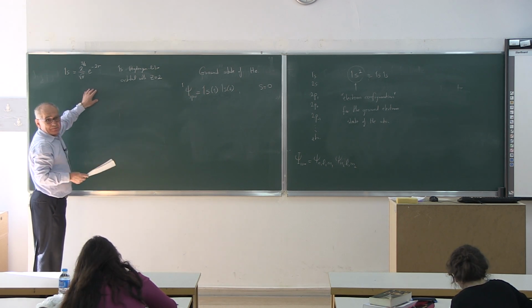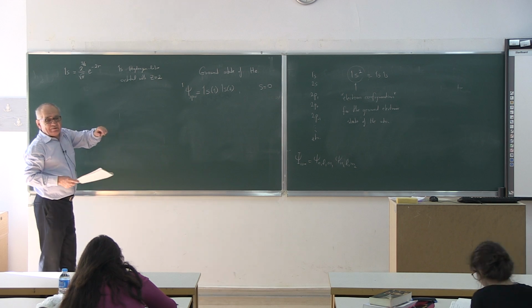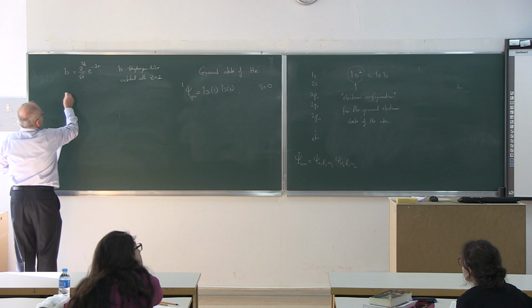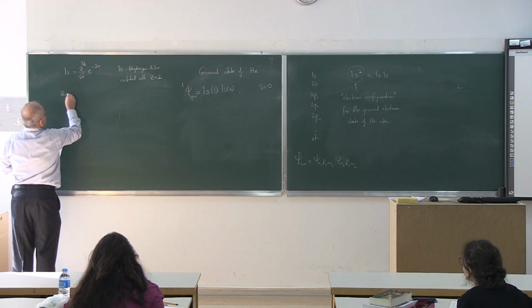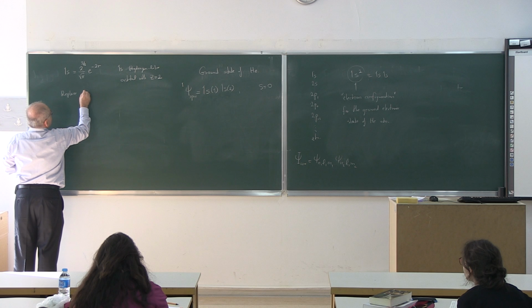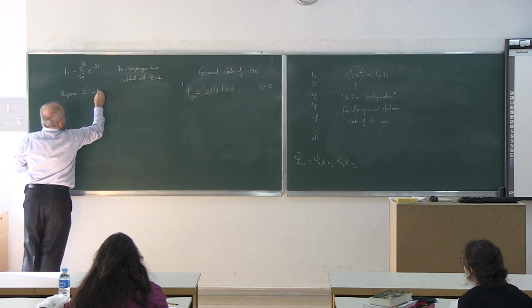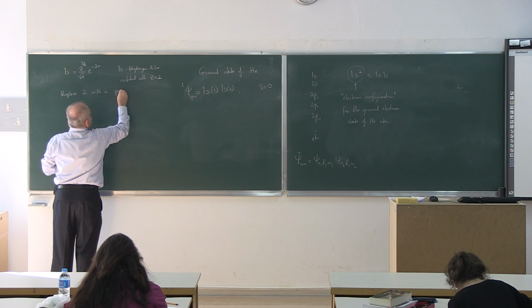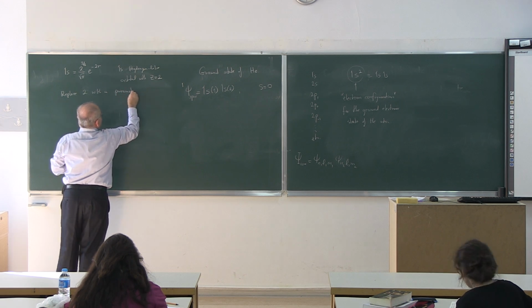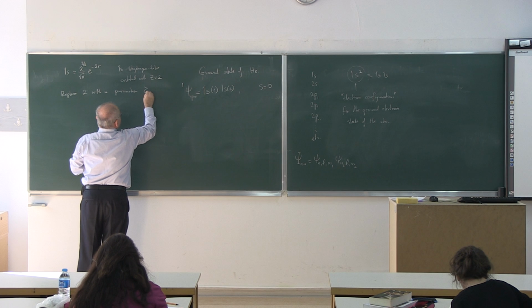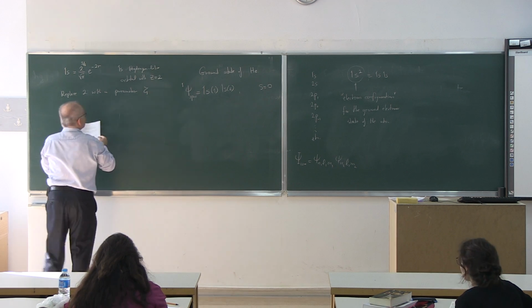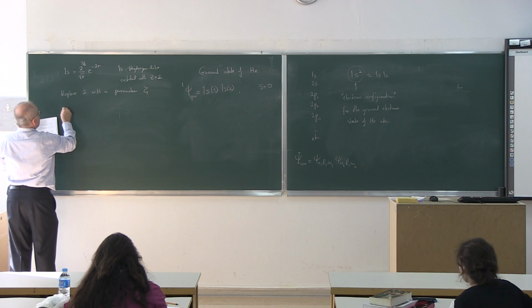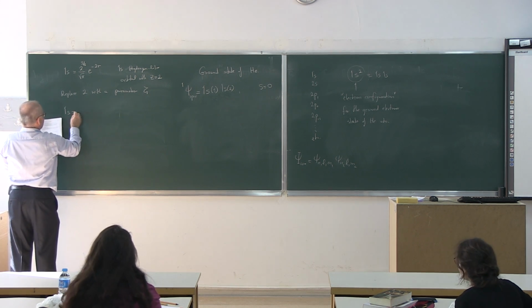Now, in the variational procedure, replace 2 with a variational parameter, zeta, to write the 1s orbital.